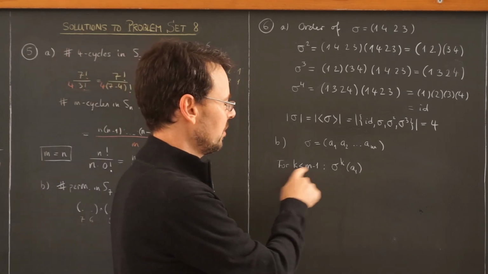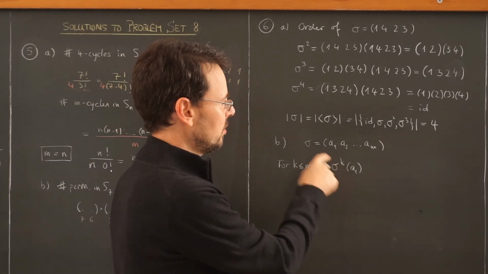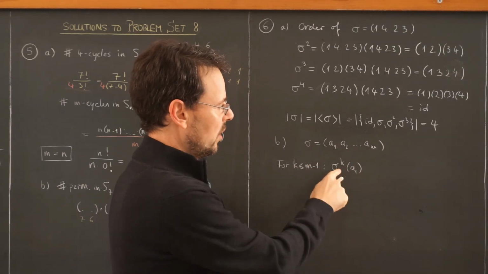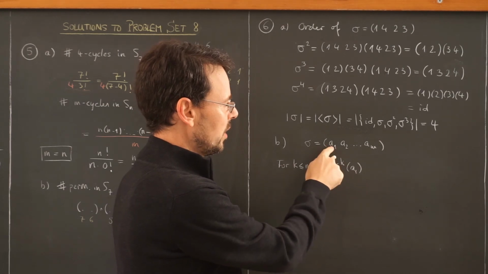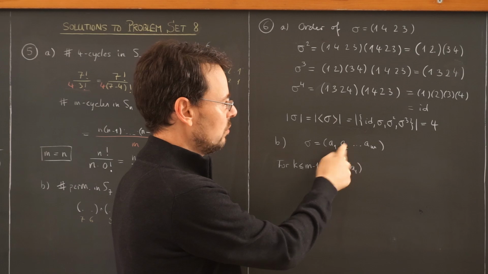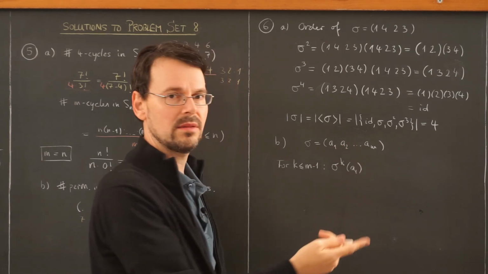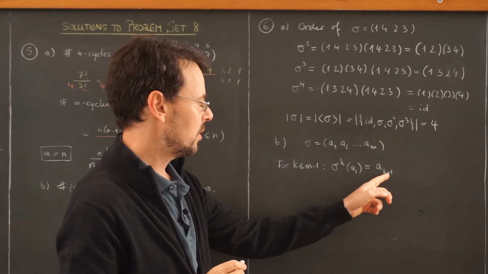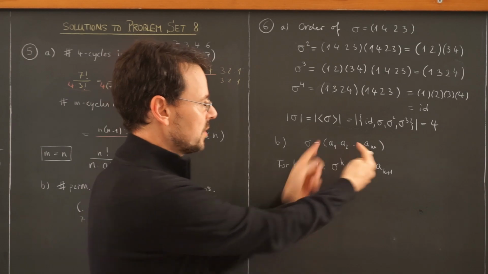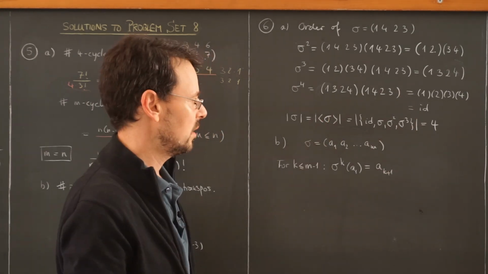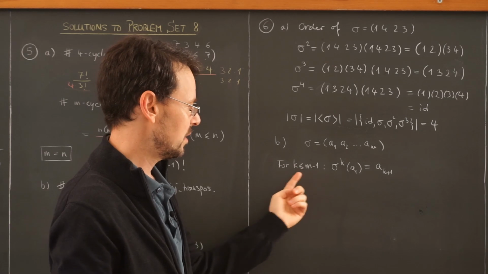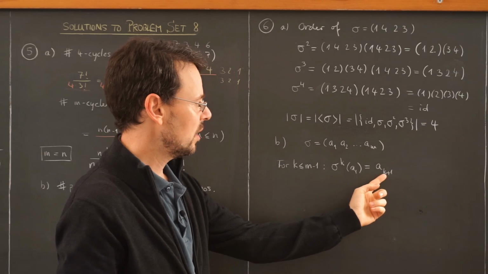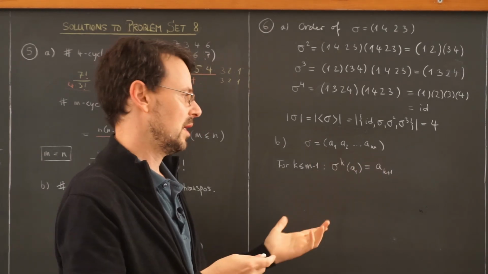So what happens? For example, if k is 1, then I simply apply sigma to a1. By definition, this gives me a2. What is sigma squared of a1? Well, I apply sigma once, that gives me a2, and then sigma twice, that gives me a3, and so on. So this here is a sub k plus 1. And this always works without leading to the beginning of this cycle, because by assumption the maximal value for k is m minus 1, and in this case I would get a m, the last entry.